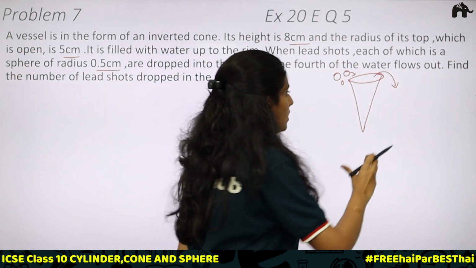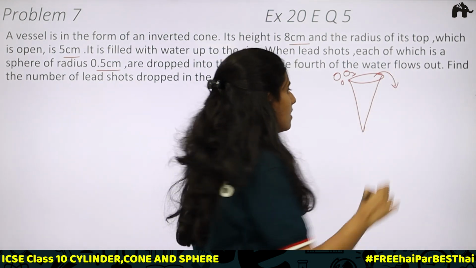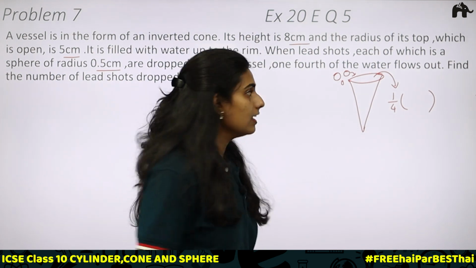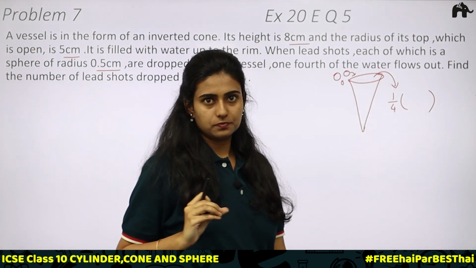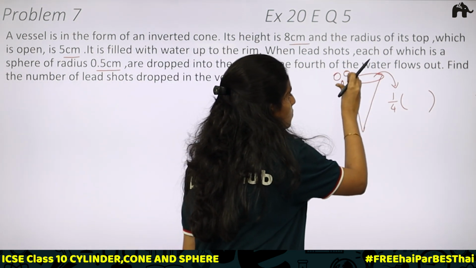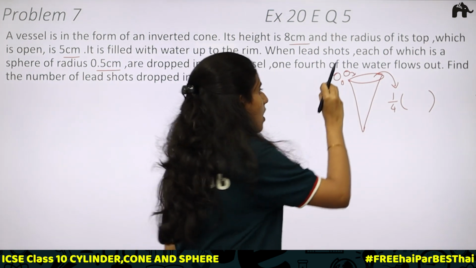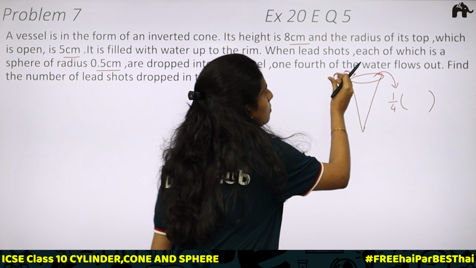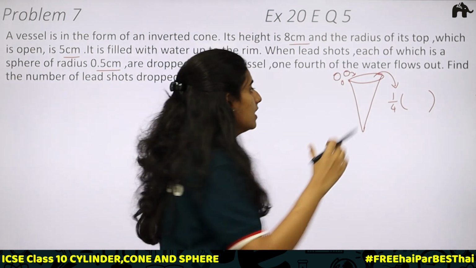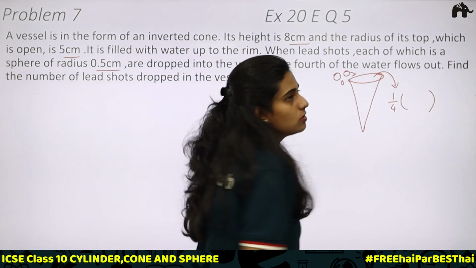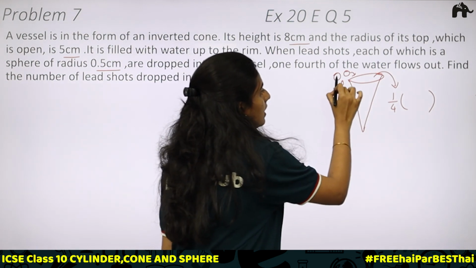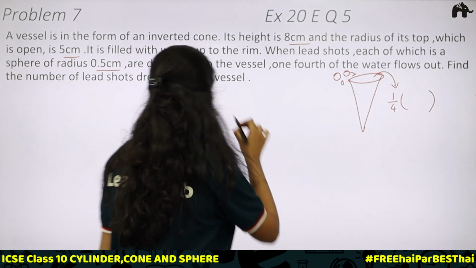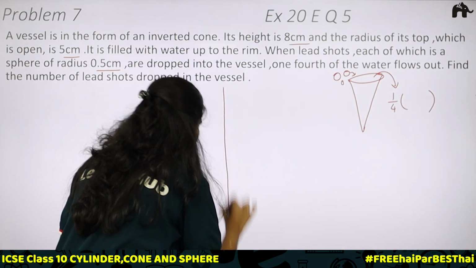The water that flows out is 1/4 of the volume of water that was inside the cone. It will be equal to the number of lead shots into the volume of each lead shot, because the amount of water that goes out depends on the lead shots' volume and the number of lead shots. Okay.